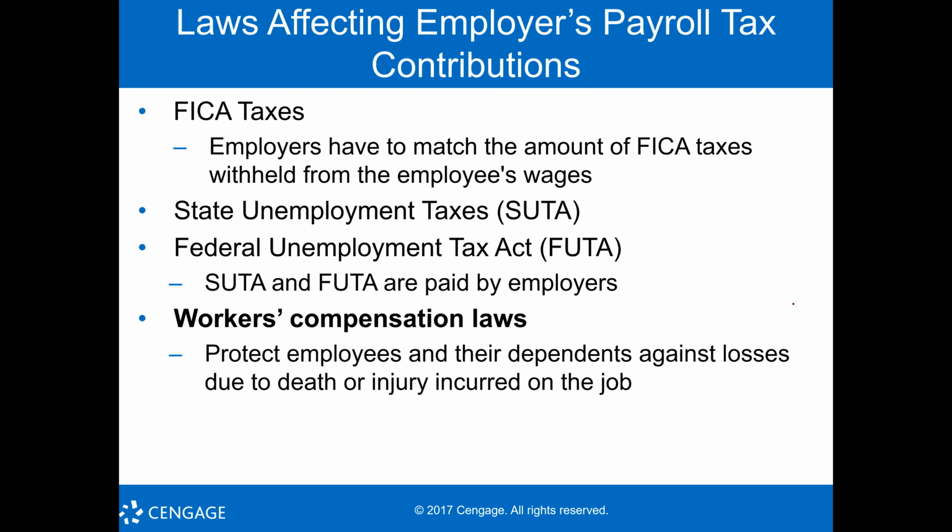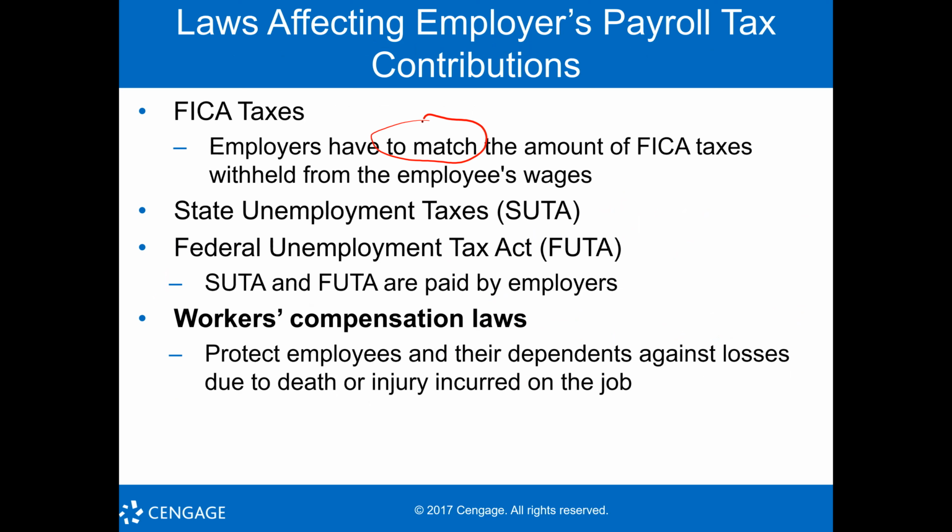Okay, so that's what they're saying here. Employers have to match the amount of FICA taxes withheld from employees' wages. And then also employers pay unemployment taxes. Employees do not have to pay unemployment taxes. Employers pay unemployment taxes, right?